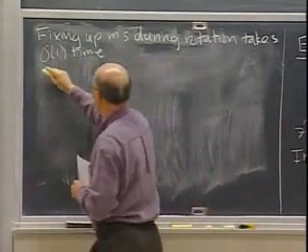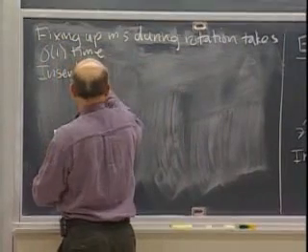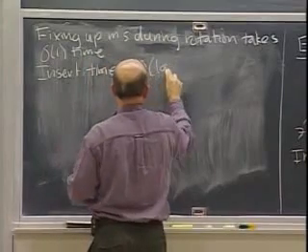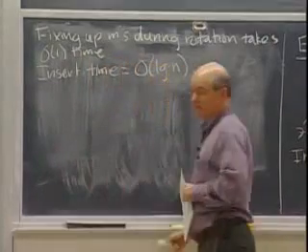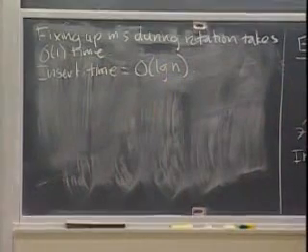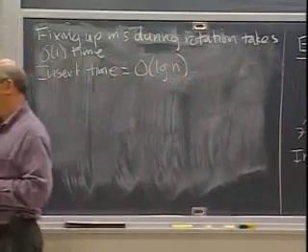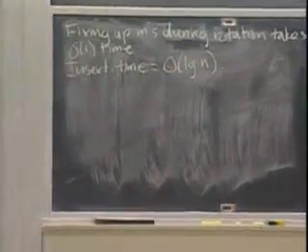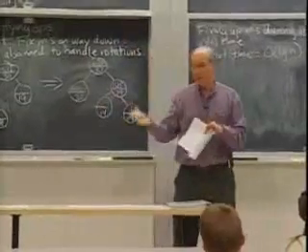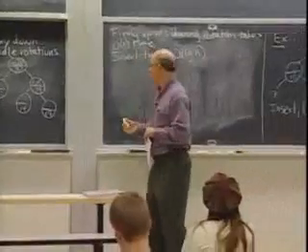So the total insert time is order log n. Okay, so once I figured out that this is the right information, of course we don't know what we're using this information for yet, but once I know that that's the information, showing you that insert and delete continue to work in order log n time is easy.